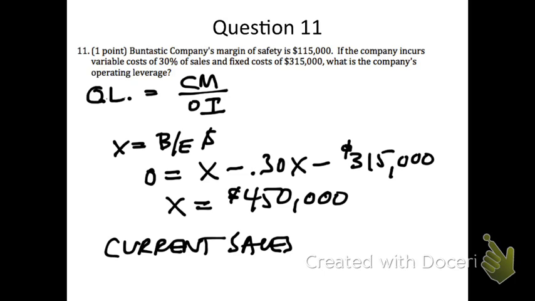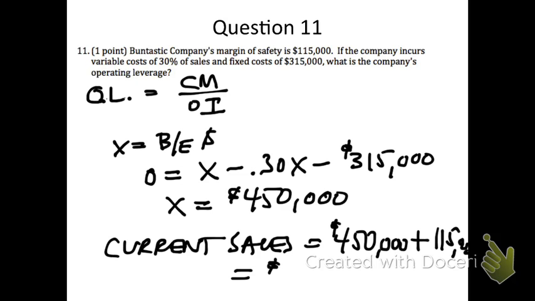If they're operating at $115,000 above break-even, then their current level of sales is $450,000 plus $115,000, so total current sales has to be $565,000.